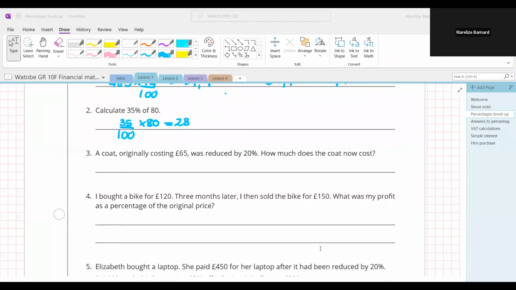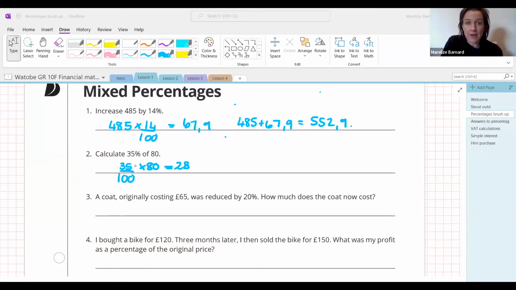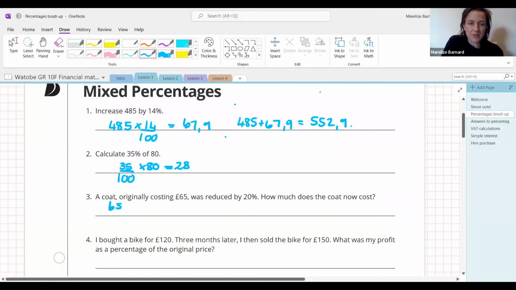Okay, so let's have a look. Some of you are saying it is 52. So what we need to do is we need to take 20% away from 65 because we are reducing it by 20%. So we go 65 times 20 over 100. I see quite a few of you got this one right.